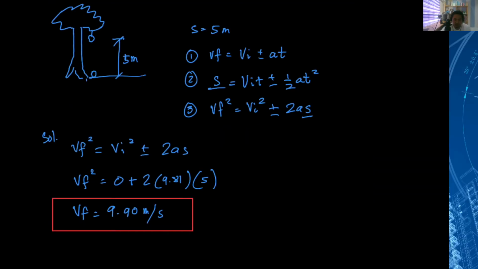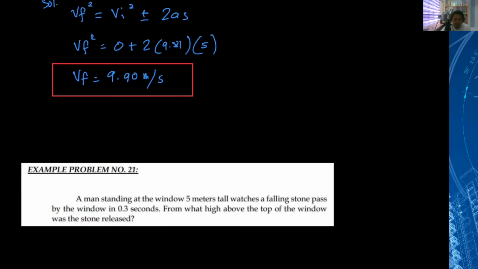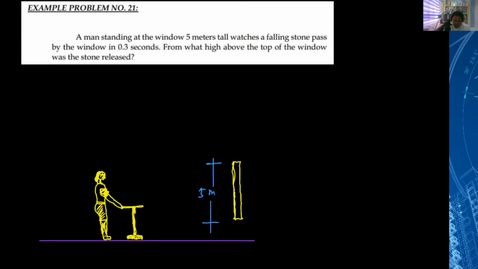Okay, so let's go to problem number 2. I already drew the figure here so that it will not take time. A man standing at a window, 5 meters tall, watches a falling stone pass by the window in 0.3 seconds. From what height above the top of the window was the stone released?